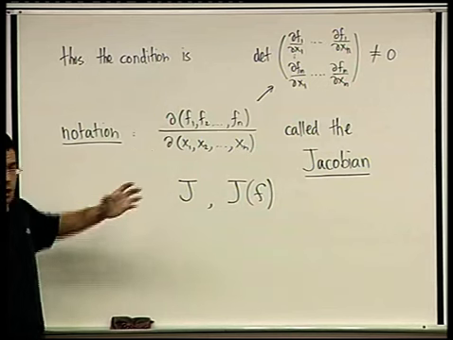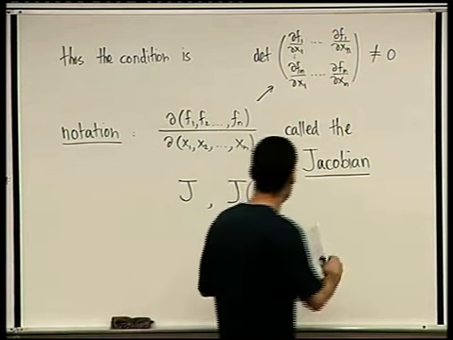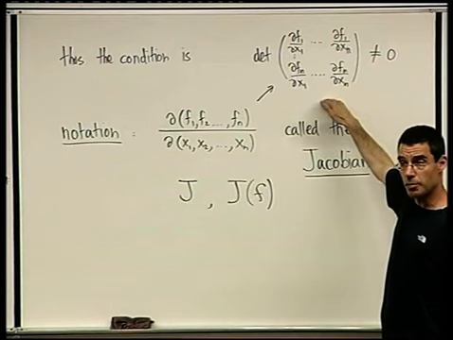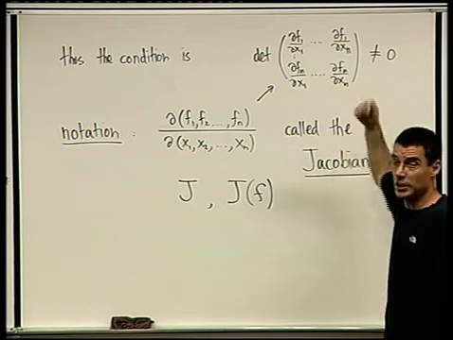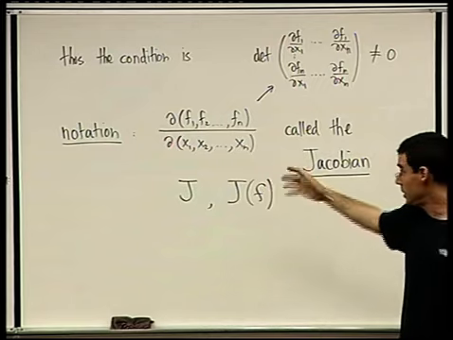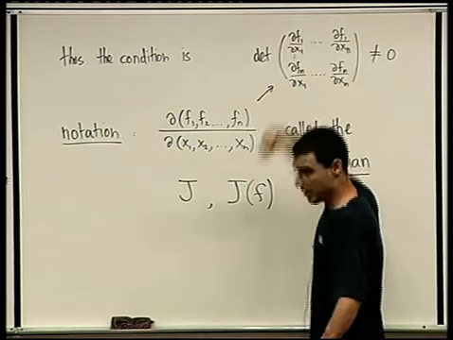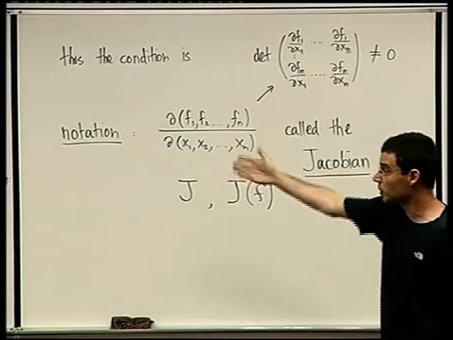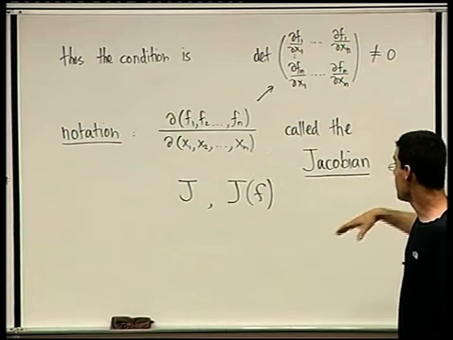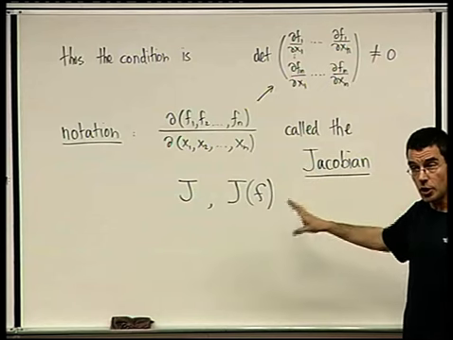So the Jacobian is something very tangible. It's just a calculation of partial derivatives, which we have to evaluate at the point at which we're interested. This is the function form. We have to evaluate it at specific points in order to know if we can find an inverse in the neighborhood of that point. And we're going to use this Jacobian throughout.